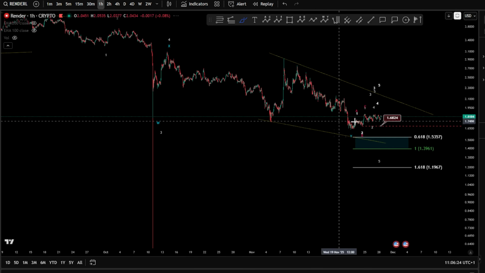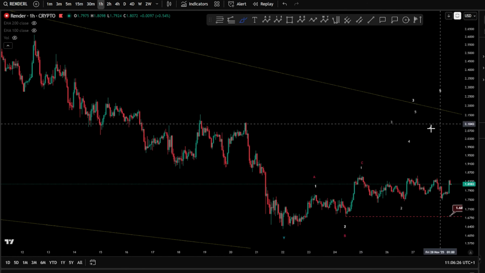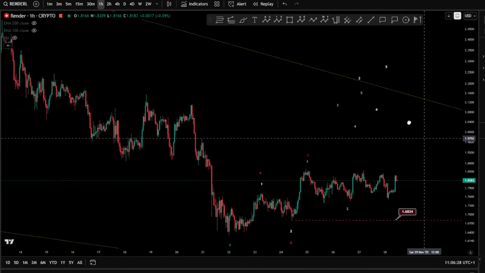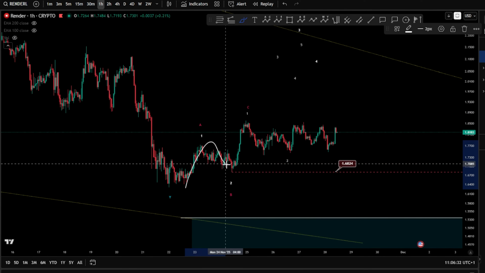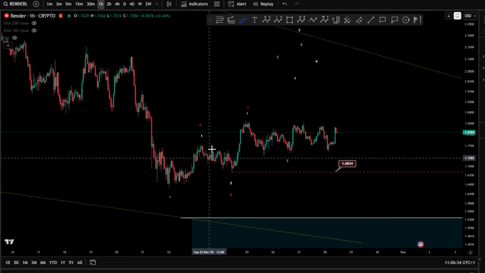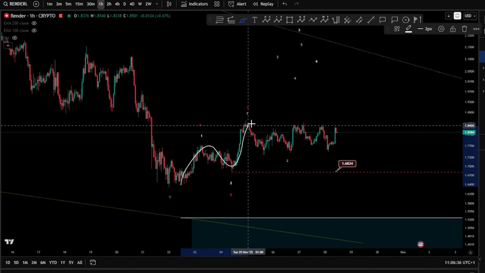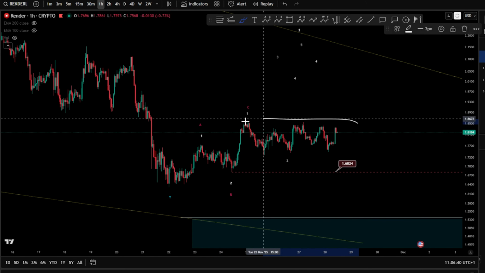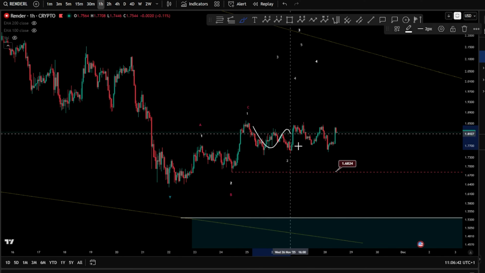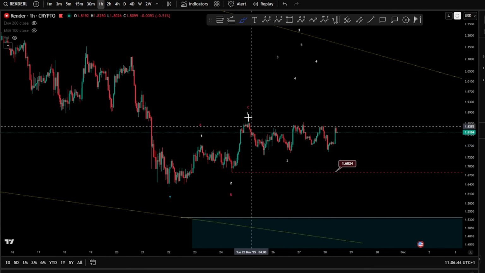If we dive inside it to see what I'm talking about exactly, if you were really showing strength here, you would like to see something impulsive. Currently, we got potentially only a double 1, 2. The price is still ranging sideways without any kind of impulse, so we cannot count any kind of wave 4.